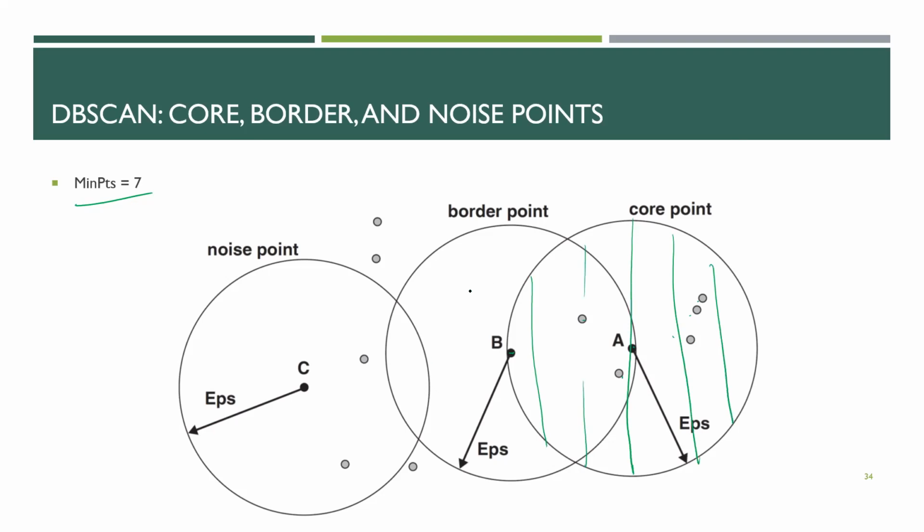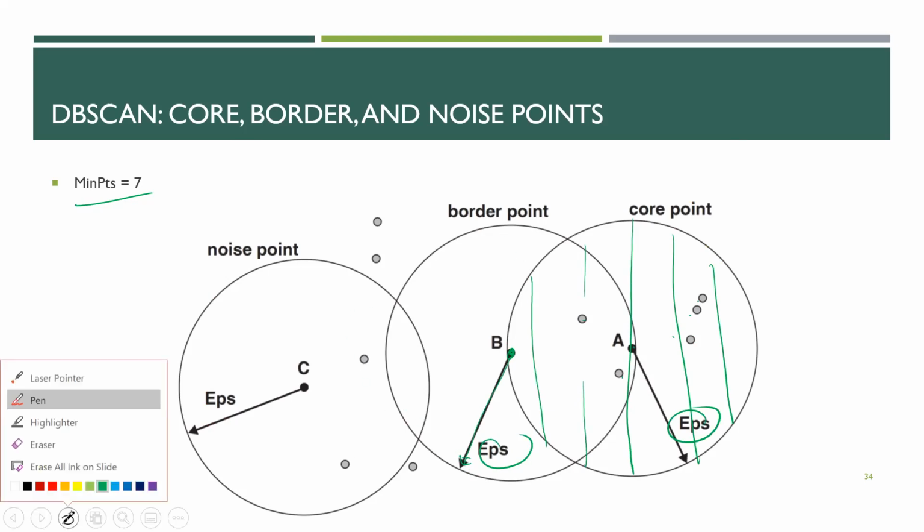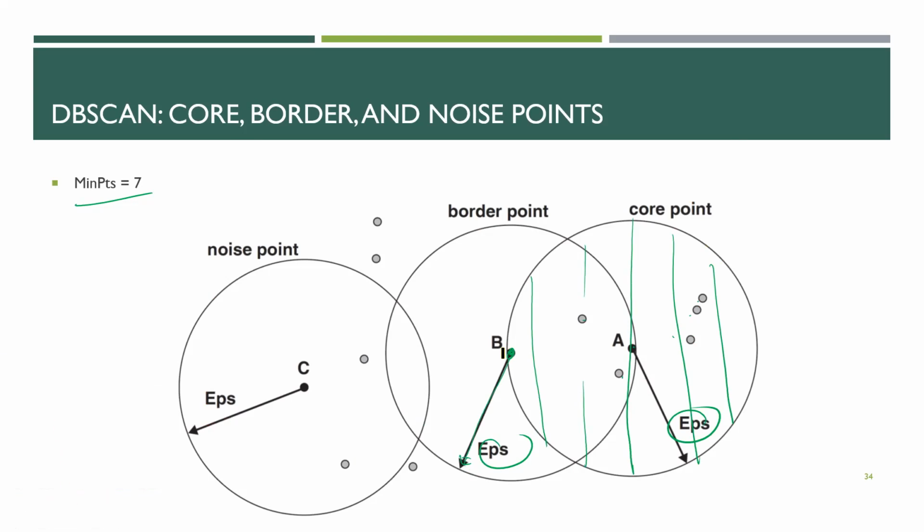Then we have this one as a border point, still in the radius, the same EPS. We have another area from the border point. Let's say this is the farthest border point. So this area is the area from the border point.